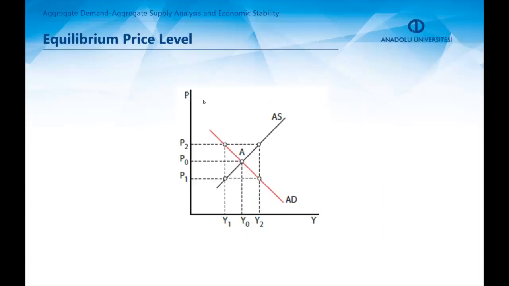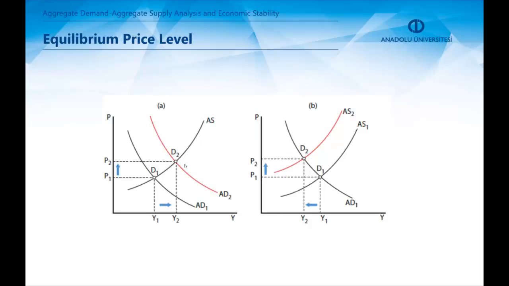So here we try to understand the equilibrium in the economy. The intersection, or point A, of the AS and AD curves gives us the equilibrium output level Y0 and equilibrium price level P0. Okay. So why do we need this equilibrium level? Because using the AS and AD curves, we can easily understand the reasons of inflation or short-run economic growth.